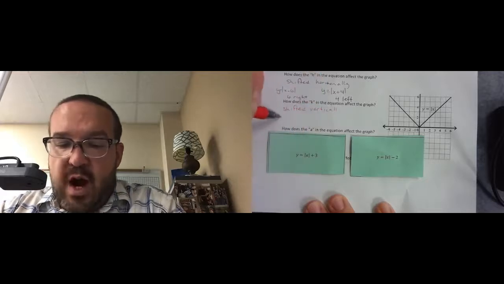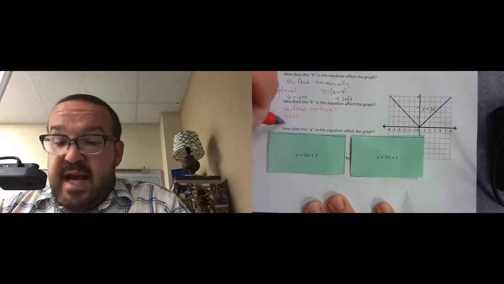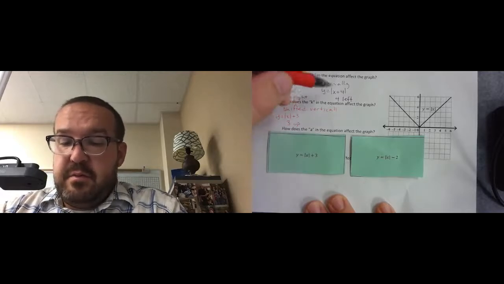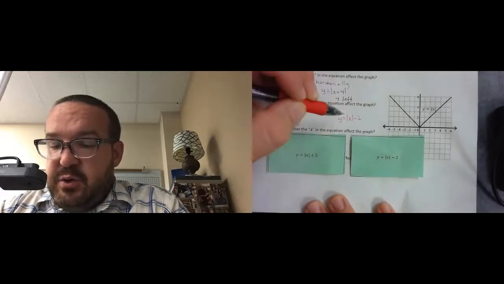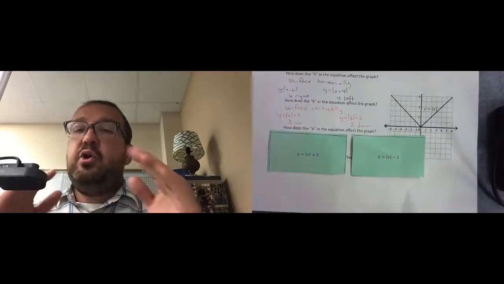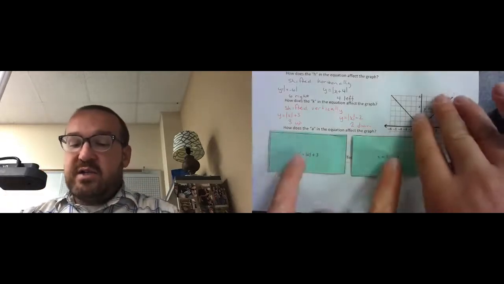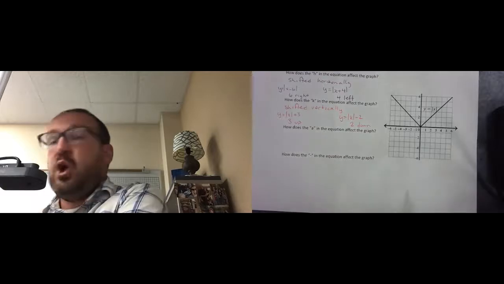In this case, Y equals the absolute value of X plus 3, it was an up 3 shift. In this case, Y equals the absolute value of X minus 2, it was a 2 down shift. So when I look at an equation, I need to know where it starts, and that's really the whole goal here: knowing where something starts.